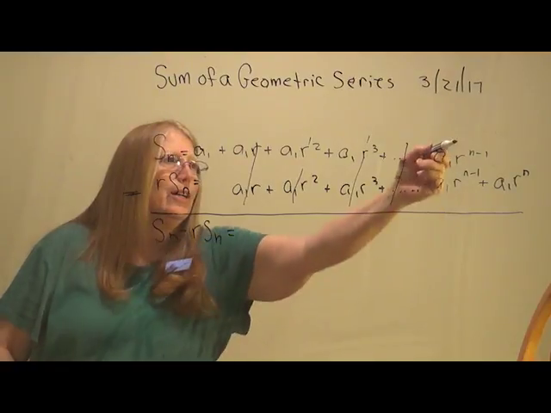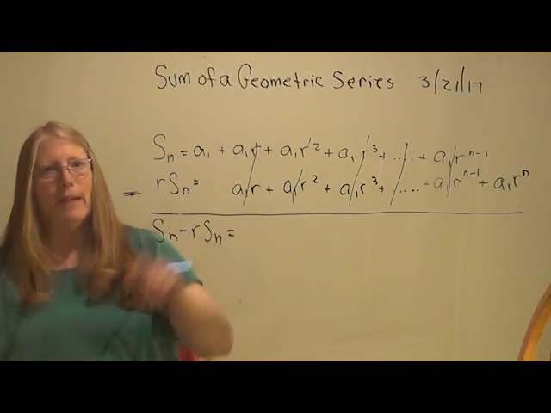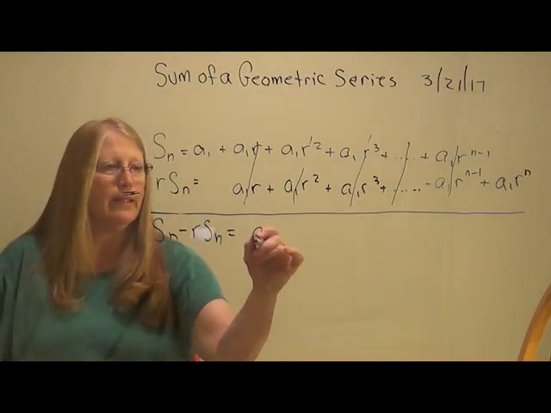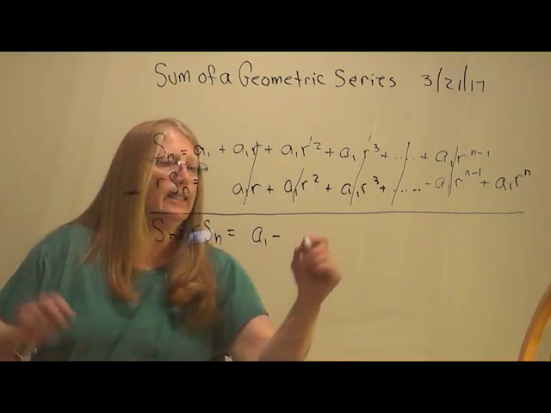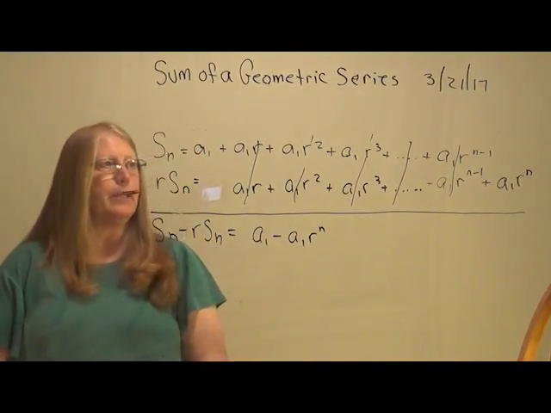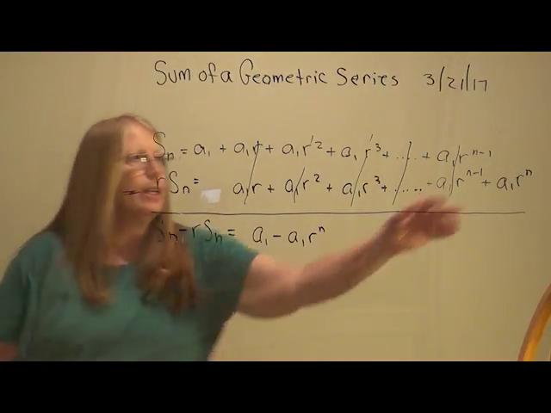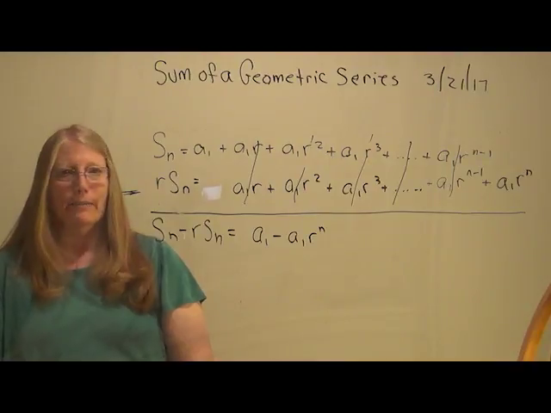Everything in here, gone, gone. So what remains? The a sub 1 on the top equation, which is positive, and the a sub 1 r to the n is negative, because remember I'm subtracting the bottom equation from the top. So there was nothing to take that from, it just becomes a minus a sub 1 r to the n.